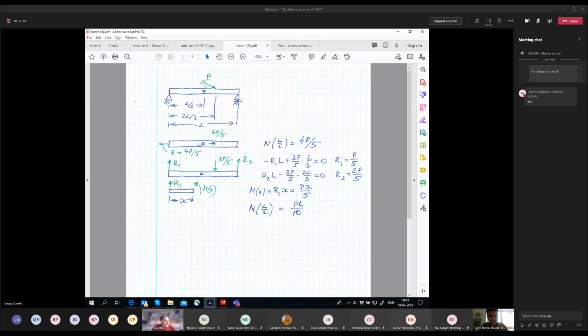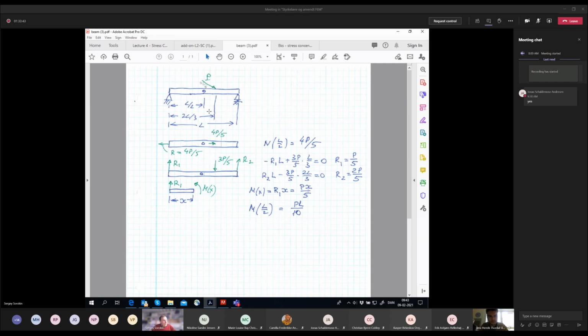And then we see that the axial force at the location of the hole, at L half, is 4P over 5. Then we have to solve the problem with bending.